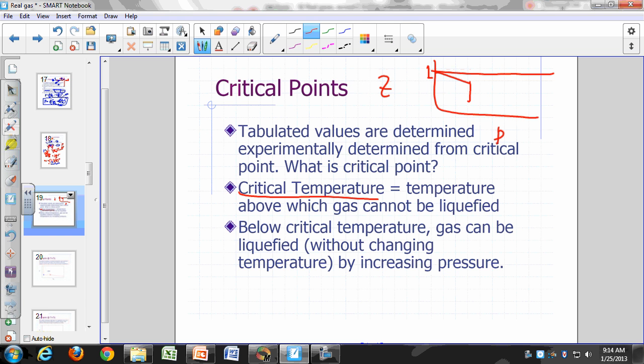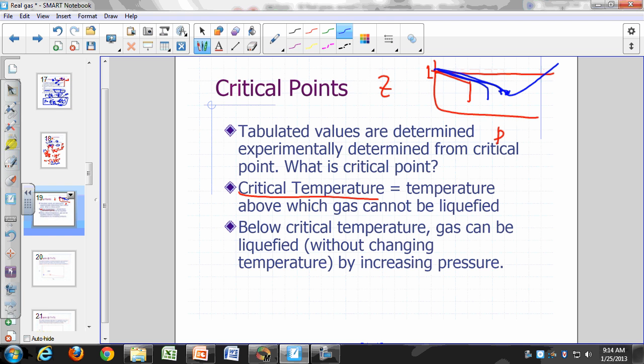So as you raise the temperature, at a higher temperature you might get something like this. At an even higher temperature, you might get something like this. So that drastic drop becomes less and less pronounced as you go to higher temperature. Eventually, you get to what's called a critical point, which in math we call an inflection point.